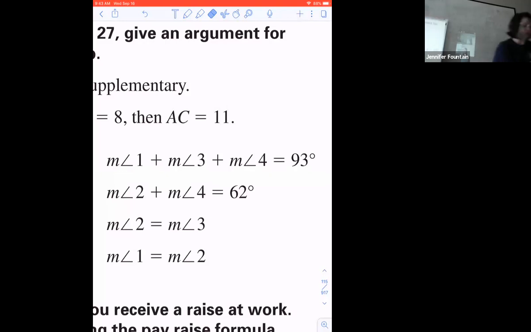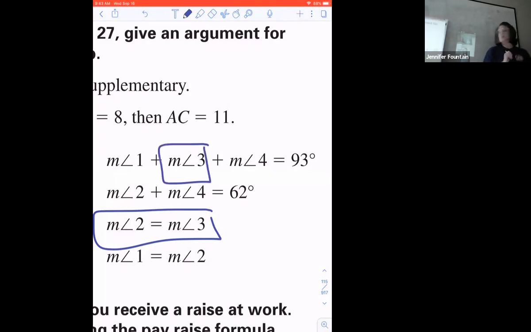So because 2 and 3 are equal, what can I substitute in at the very beginning for the measure of angle 3? And actually, what could I substitute here for 3 and 4? Since 2 is equal to 3, this measure here will equal this measure here.